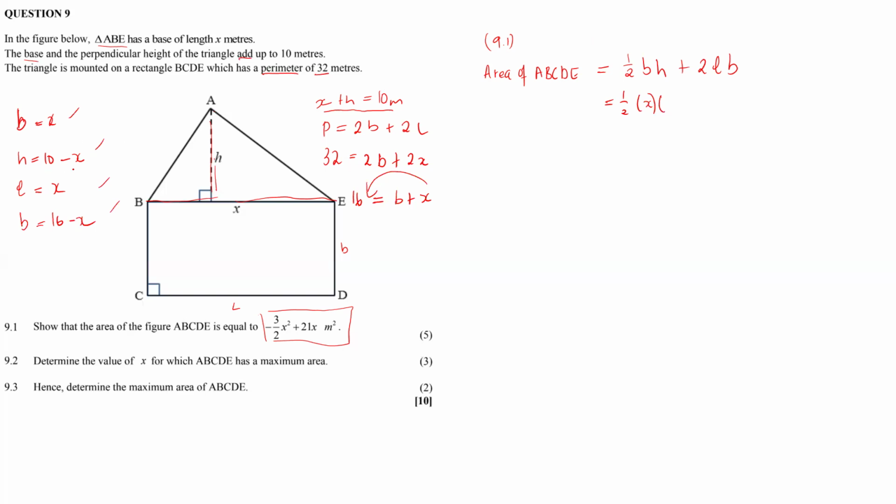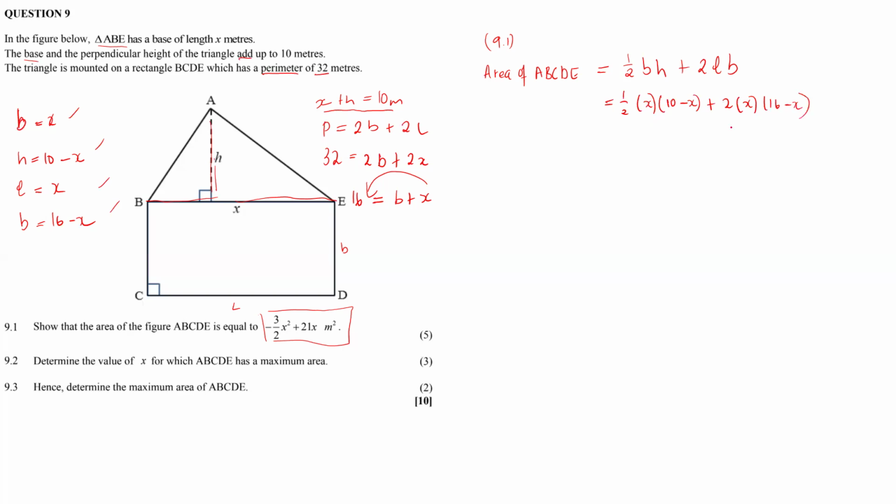We said it's going to be 10 minus x. And then our length for the rectangle is going to be x. And then our B, we derived the value of B from this perimeter equation. We said that the B will be 16 minus x.